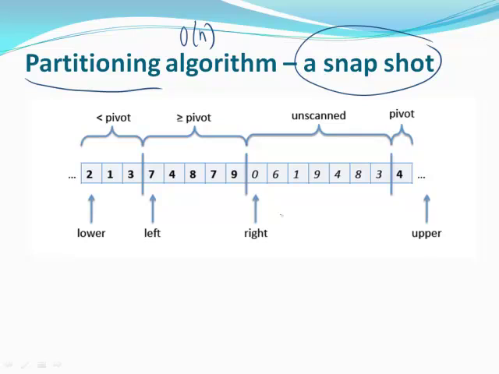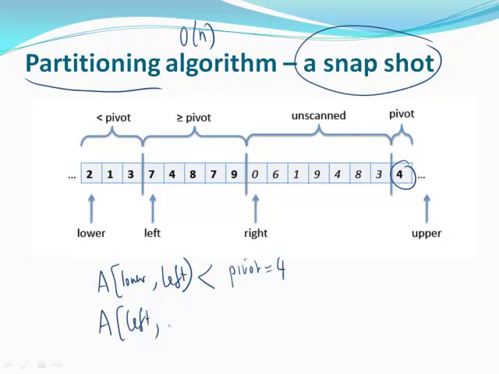So if you look at the picture here, what you see is that if you take the array segment from lower to left, all of that is strictly less than the pivot, which happens to be equal to 4. And if you take the array from left to right, not included, notice right is the next one to look at, it turns out that this is greater than or equal to the pivot, and that happens to be 4.